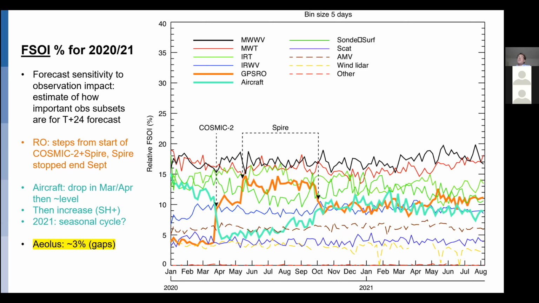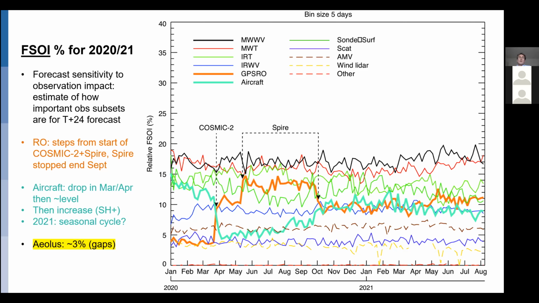And when we had this period, which was trying to mitigate the loss of aircraft data, you'll notice the turquoisey light blue line is the aircraft data impact in our system, where we lost a lot of aircraft data last year because of COVID. We put Spire data in for a period from May to the end of September, and that increased our impact by this measure from about 10% to about 13-14%, and then it reverted back to 10% after that when the data was removed.